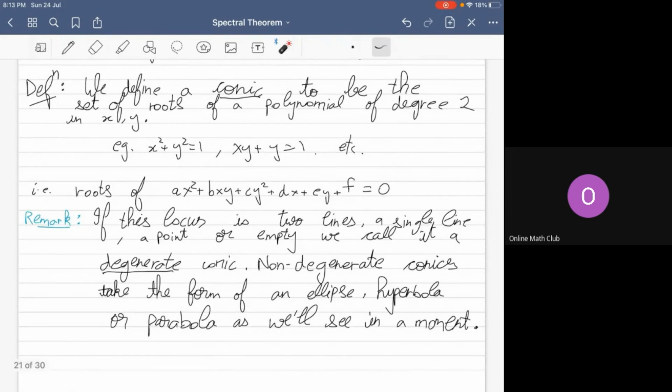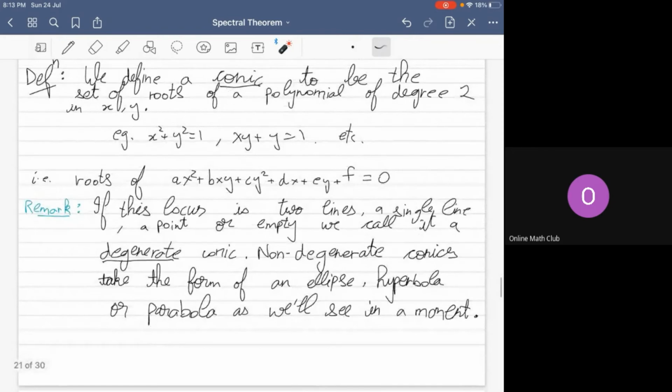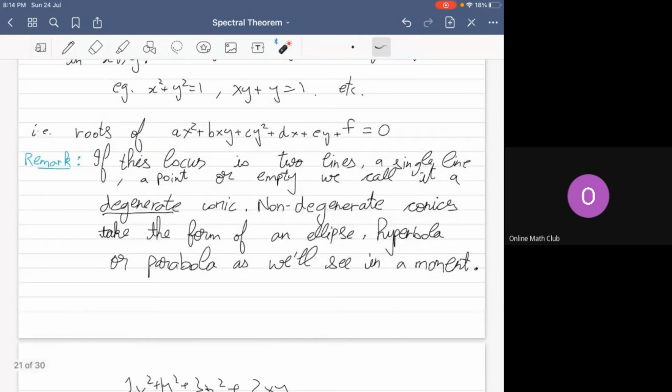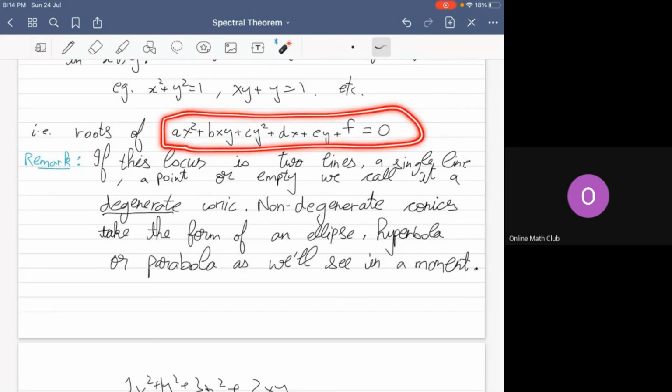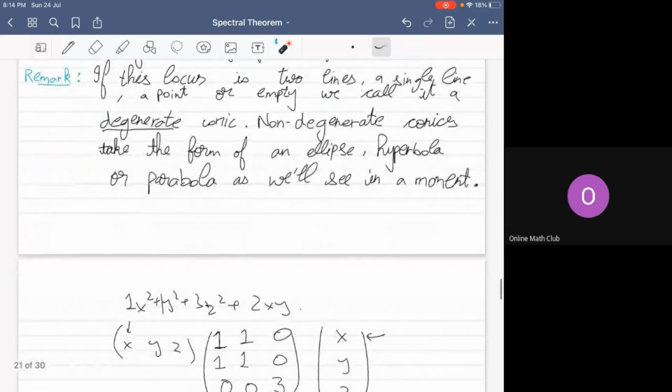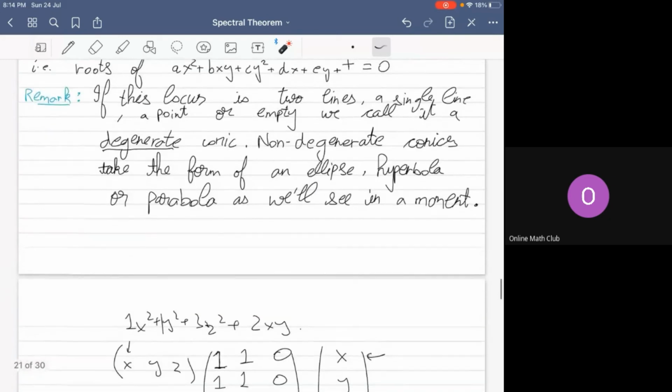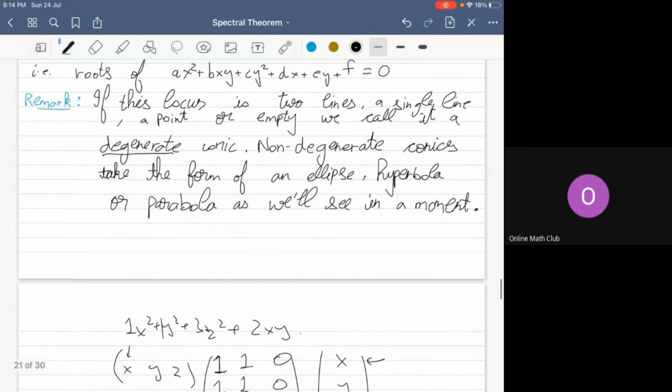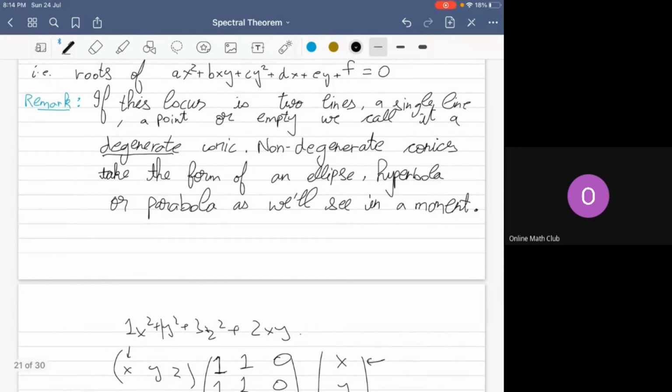Now we define a conic, as we defined previously, to be the set of roots of a polynomial of degree 2 in x and y. For example, this is a circle, this is another conic, and in general, roots of this type of equation. And now a remark here: as of now, we don't restrict things to be non-degenerate.